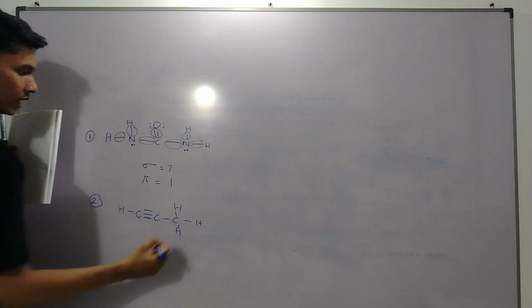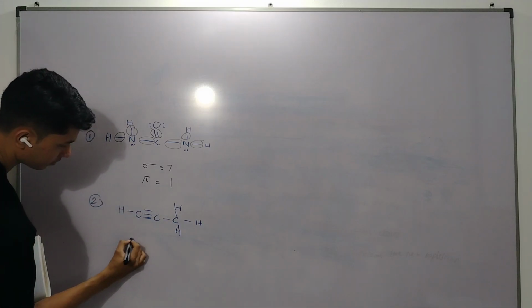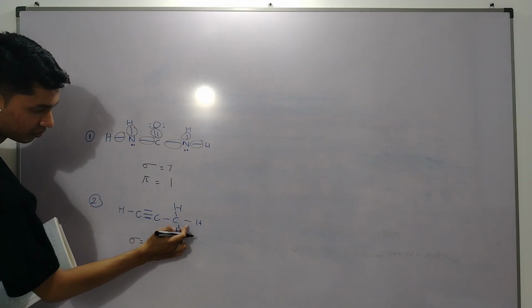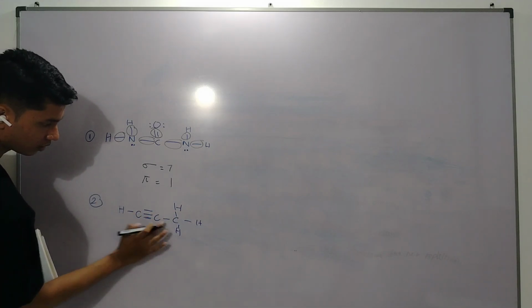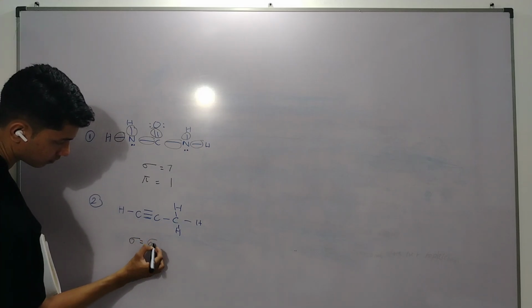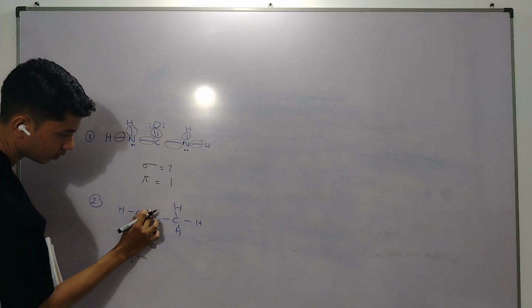How many sigma bonds? 1, 2, 3, 4, 5, 6. How many pi bonds? 1, 2.